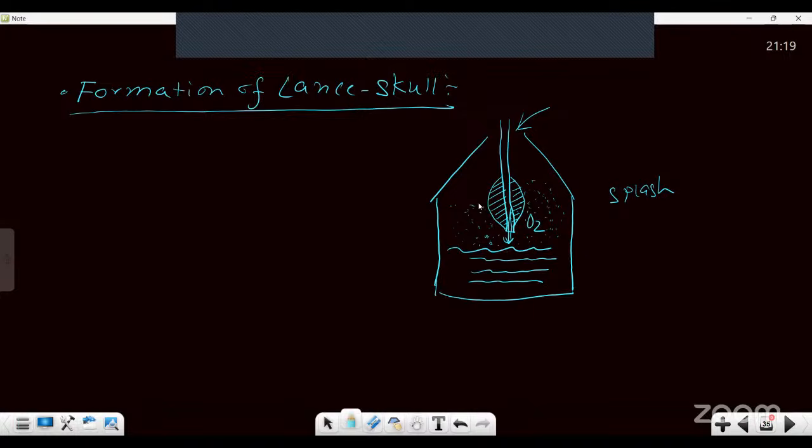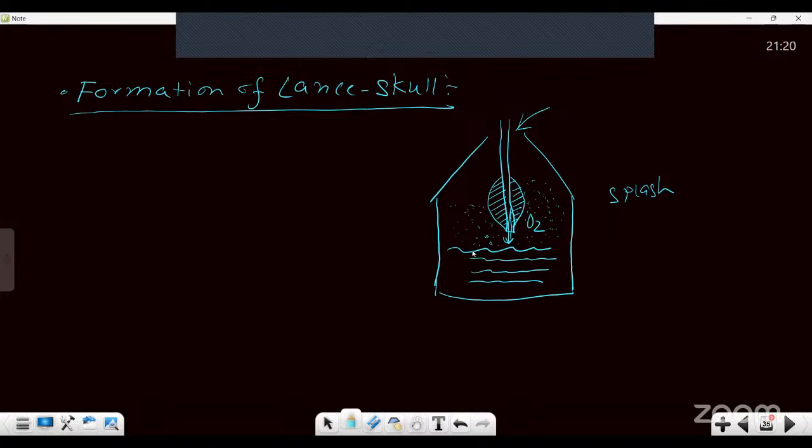So I am again telling: during oxygen blowing in the LD converter, a high speed supersonic oxygen jet strikes the surface of the molten bath, causing intense oxidation, heat generation, and metal splash.